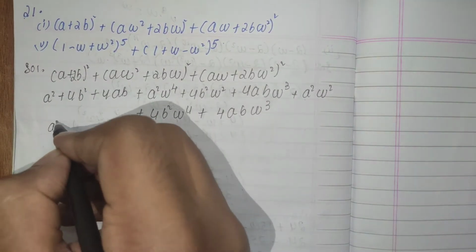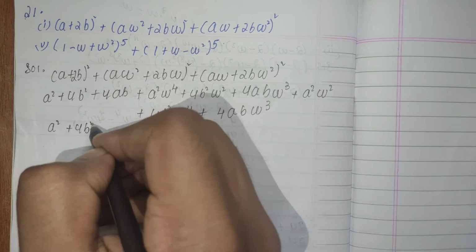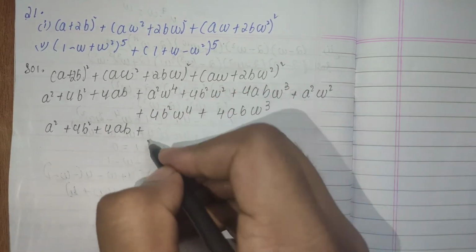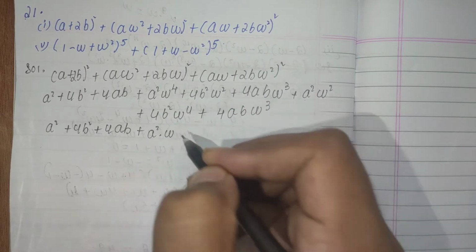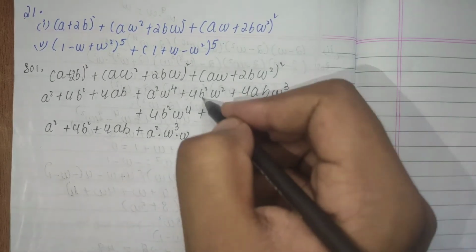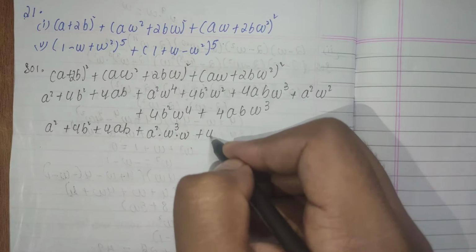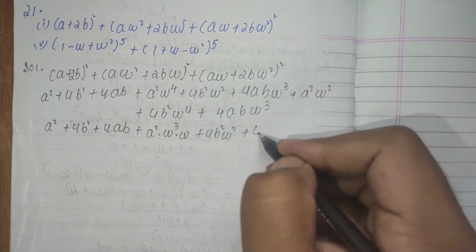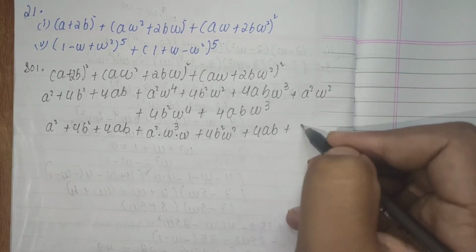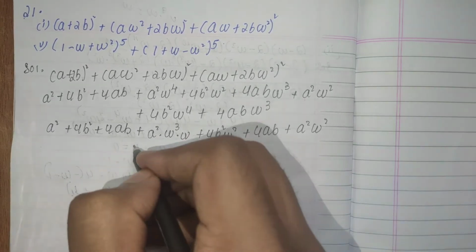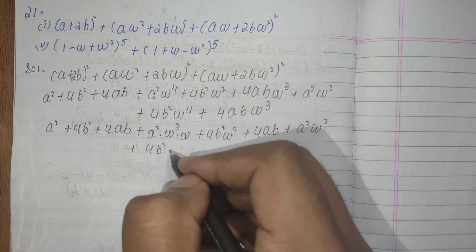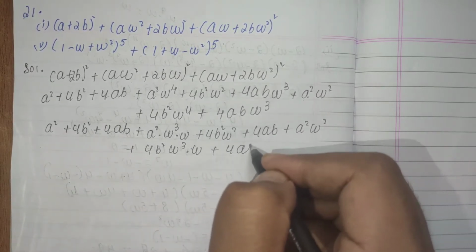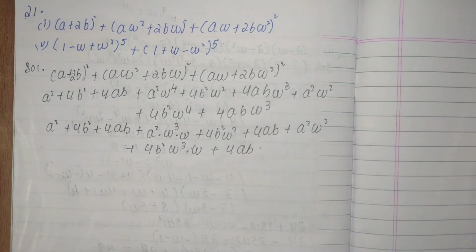So this is a square plus 4b square plus 4ab plus this can be written as a square into omega cube into omega. This cannot be changed, and omega cube is 1. So this is a square omega square, and the next 4b square into omega cube into omega plus 4ab, as omega cube value is 1.